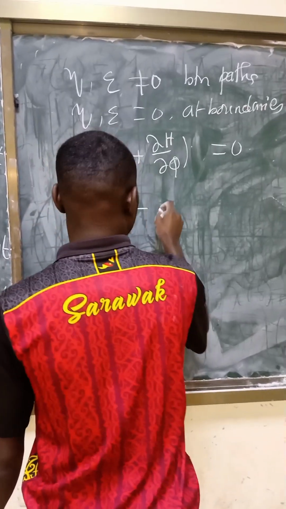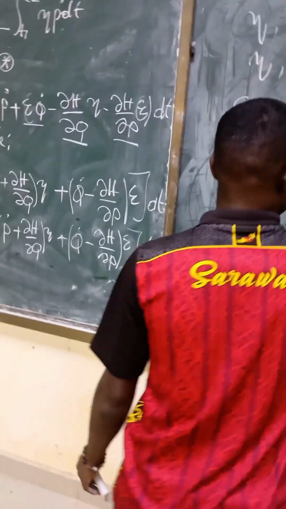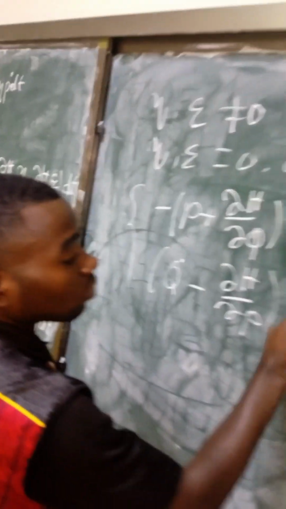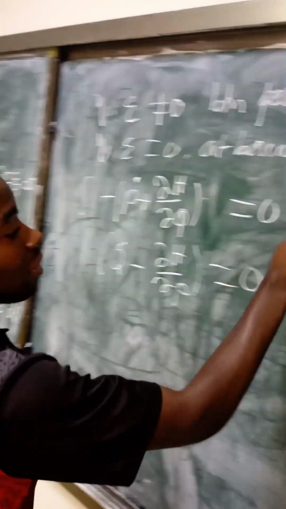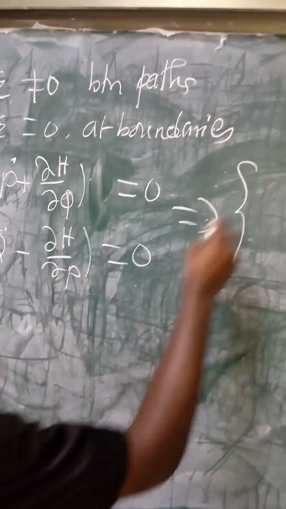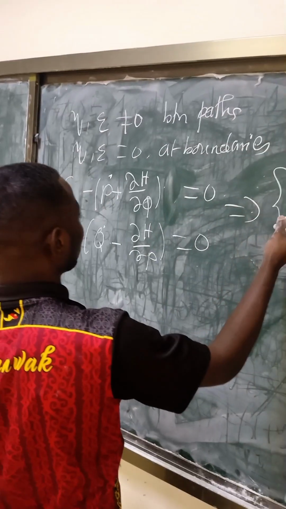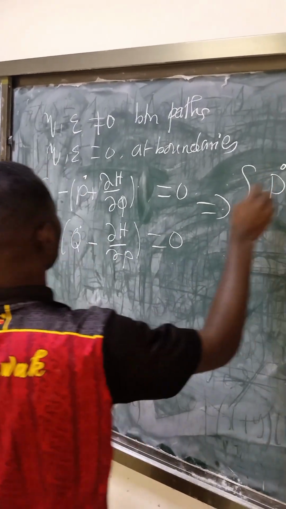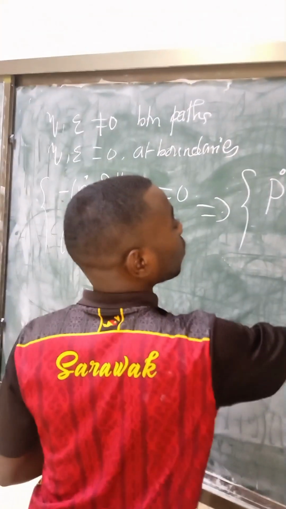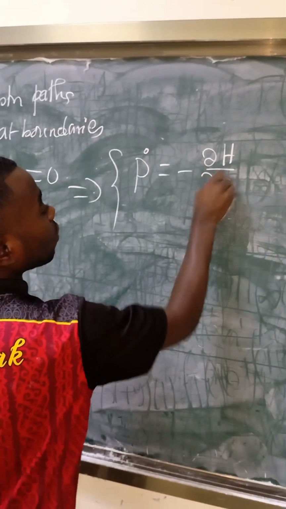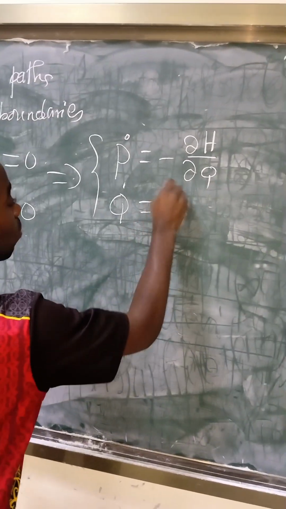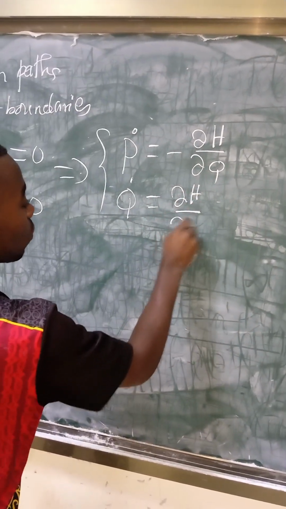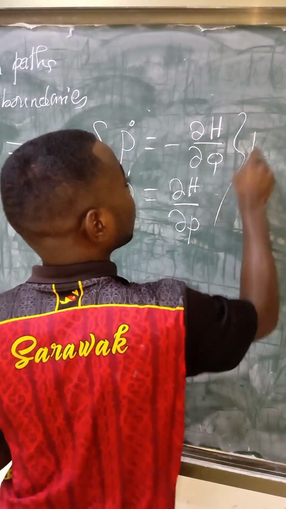This will give negative p dot plus partial of H with respect to q equal to 0, so p dot will be equal to negative partial of H with respect to q, and q dot will be equal to plus partial of H with respect to p. Those are Hamiltonian equations.